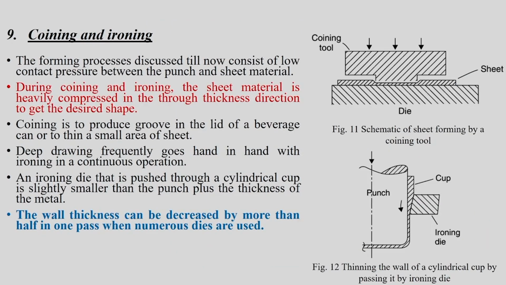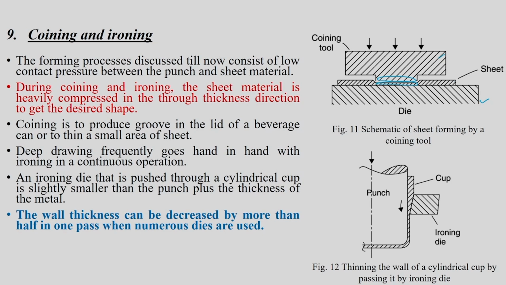Just to complete this particular small chapter: coining and ironing. Of course, coining, as you see in the schematic, there is a sheet and there is a coining tool which has got a slight impression over here, and that impression will be put onto the sheet in this region.